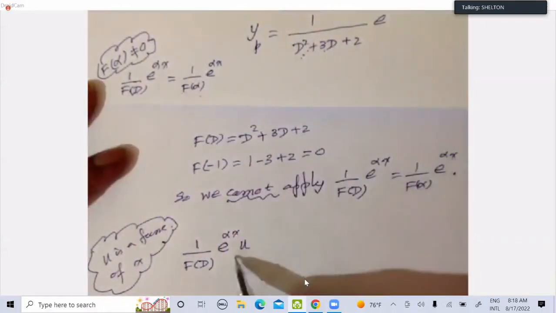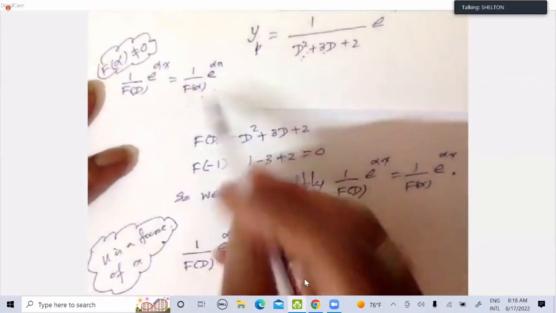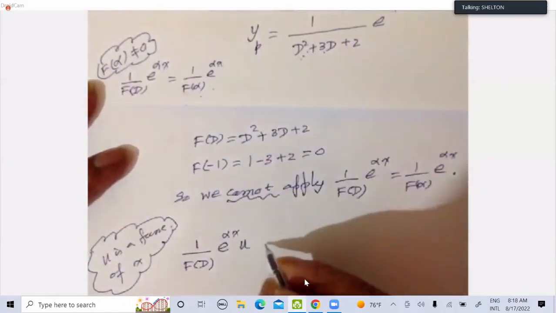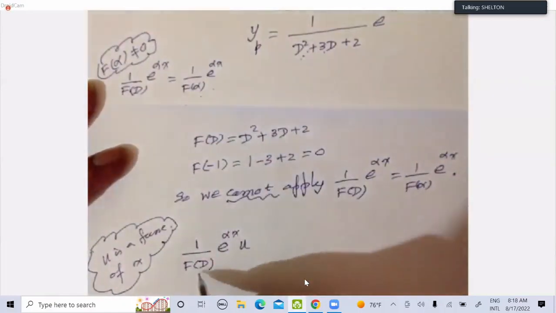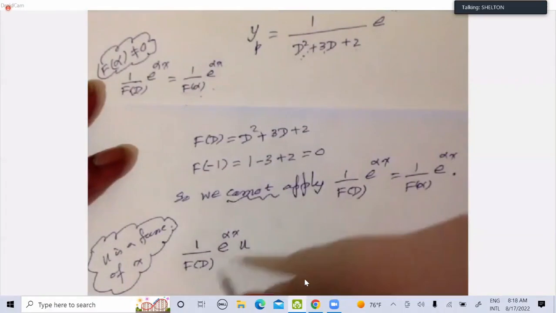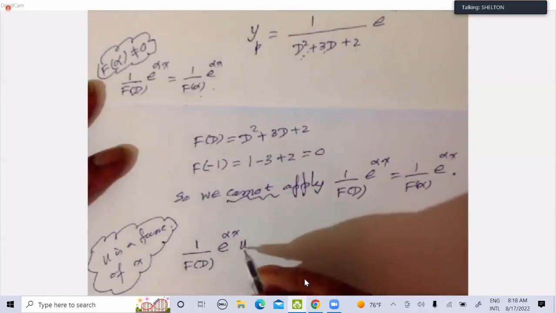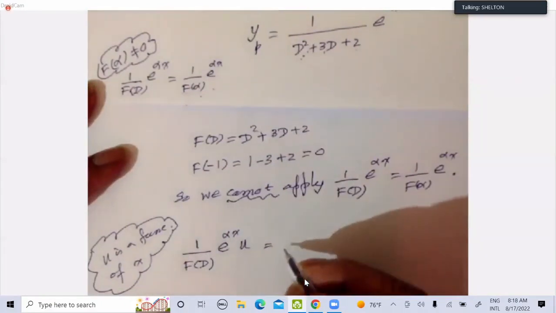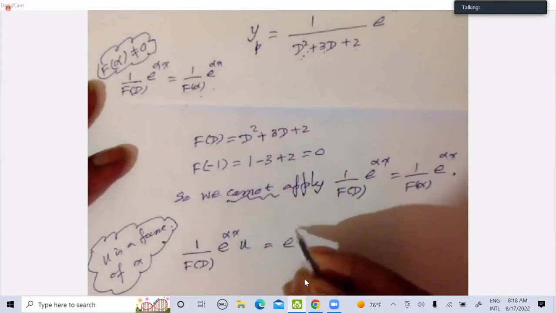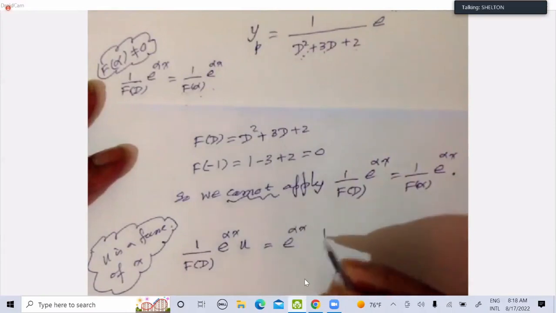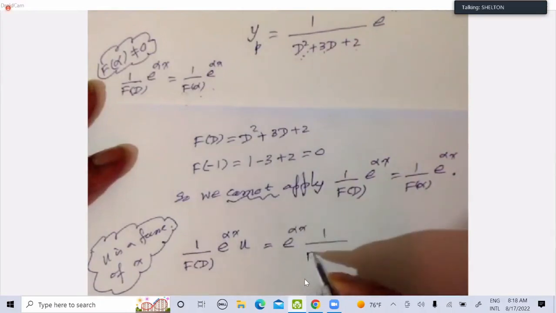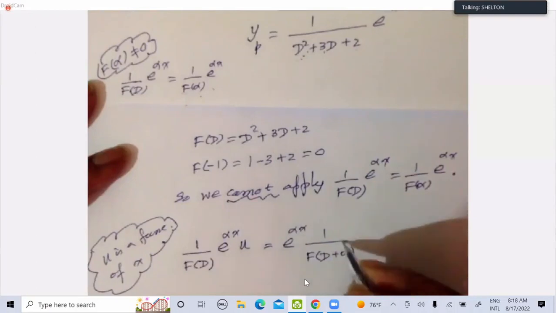if e to the alpha x is there, and if f(alpha) is not equal to 0, we can do it. But otherwise, we apply this formula: 1 over f(D) e to the alpha x times u equals e to the alpha x times 1 over f(D plus alpha) u.